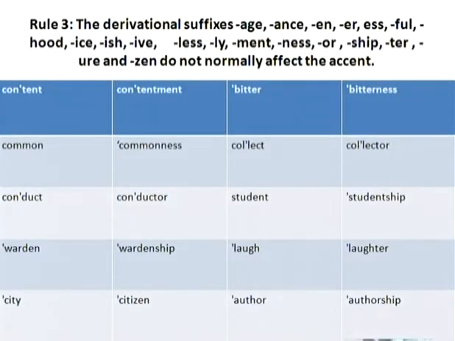We have ment at the end of a word, like in the first word we have, but it does not become meant but ment. So content becomes contentment. Content and contentment. Now content has two different pronunciations and two totally different meanings as well.